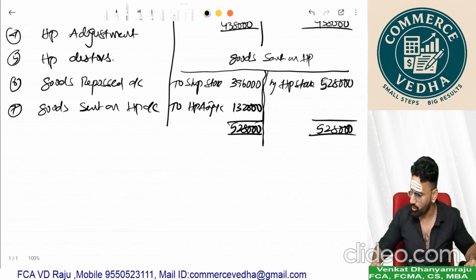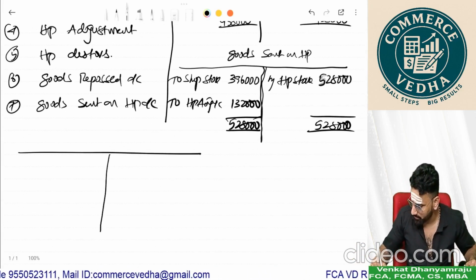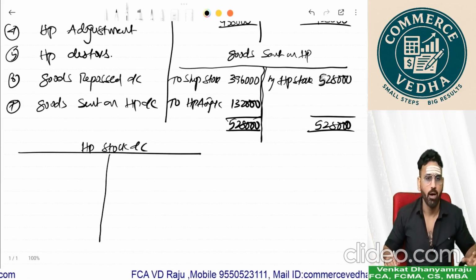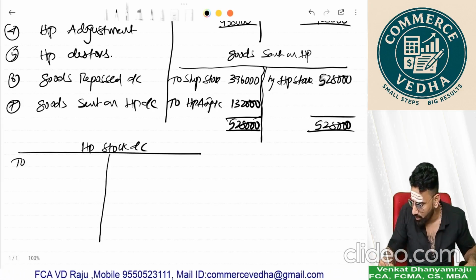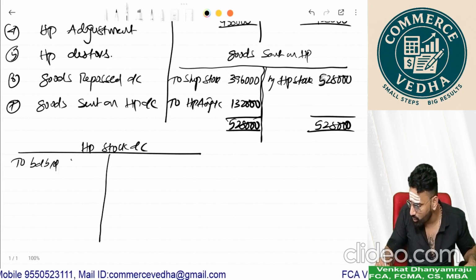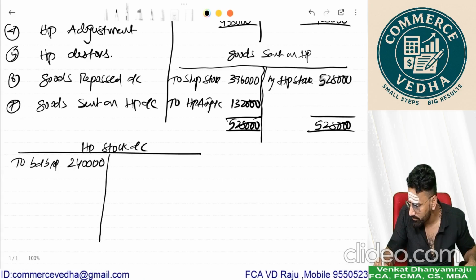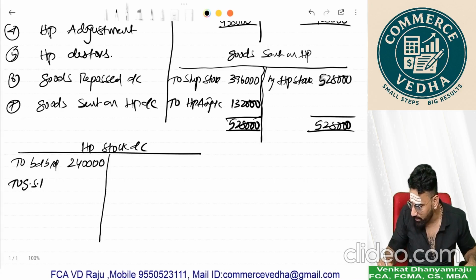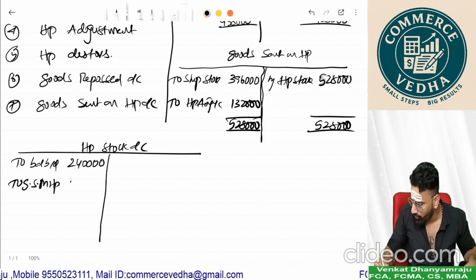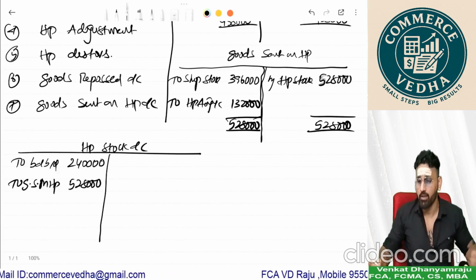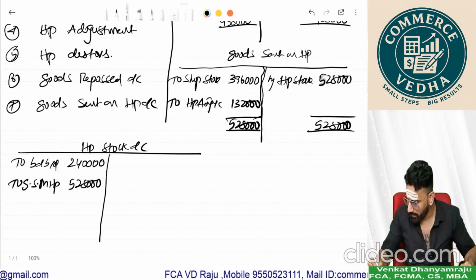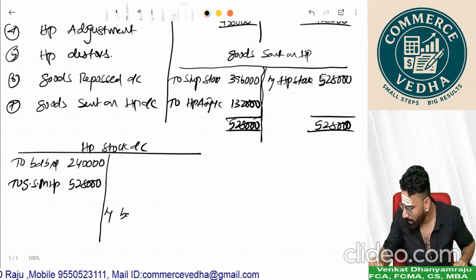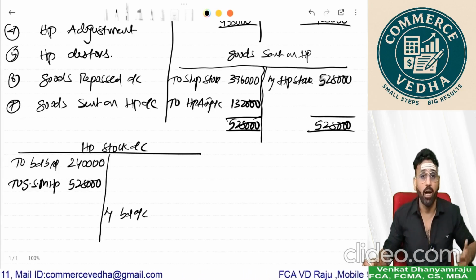Then I can go to hire purchase stock account. To balance 2,40,000. And here it is by, to goods sent on hire purchase account 5,28,000, which we already discussed. And by balance, we need to identify.